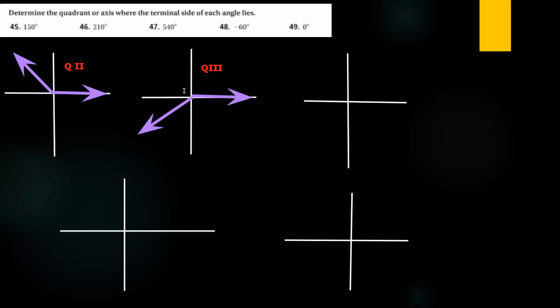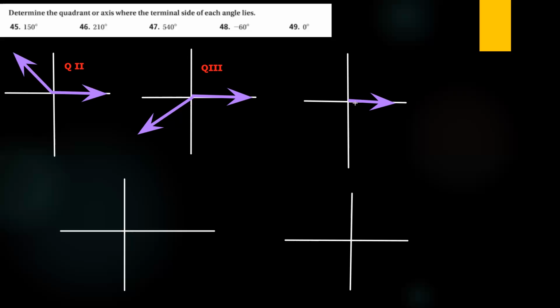Now, number 47, 540. As you know, we have 360, then we have to continue: 360 plus 90 is 450, 450 plus 90 is 540.